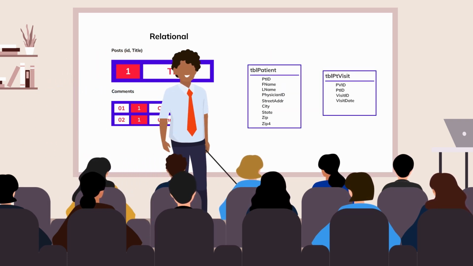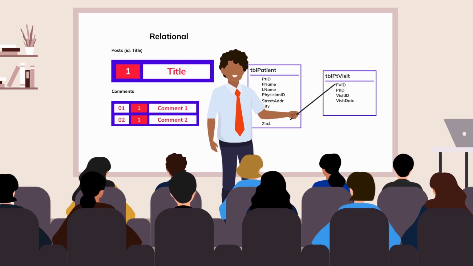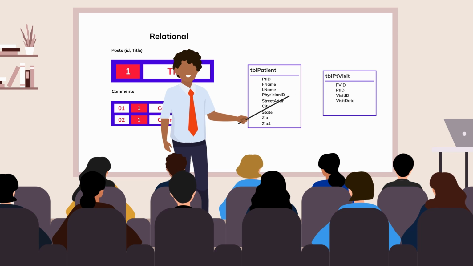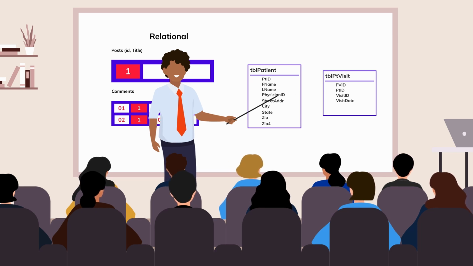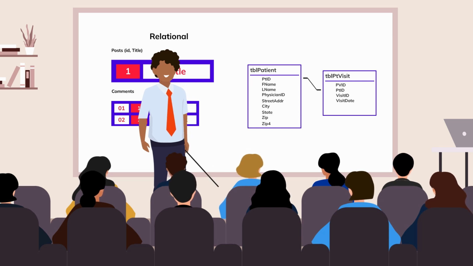Look here. Patient ID, shown here as PTID, Patient Visit ID, shown here as PVID, and Physician ID are examples of keys that aid the system in pulling the correct records that a user's looking for. Do you notice the line drawn between Patient ID in the table on the left and Patient ID in the table on the right?